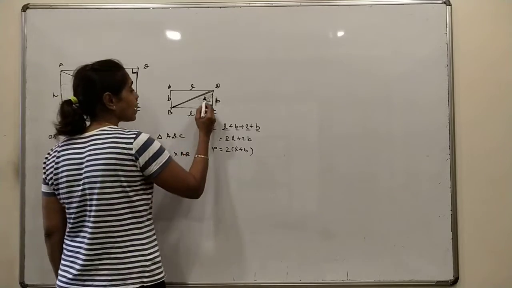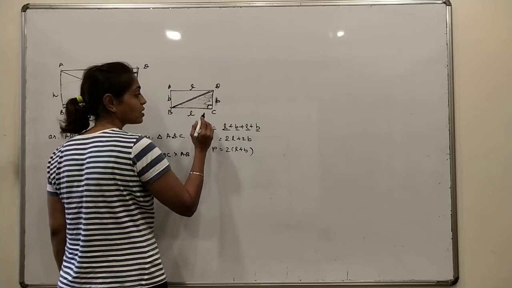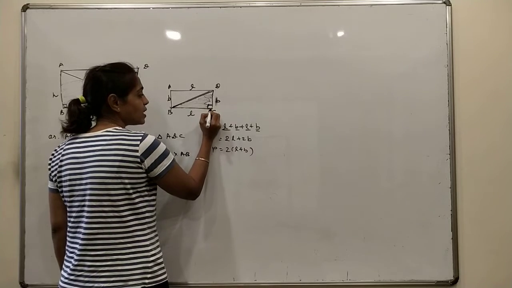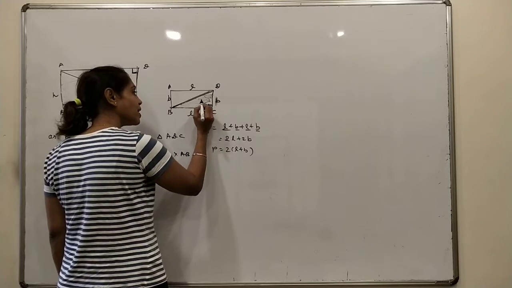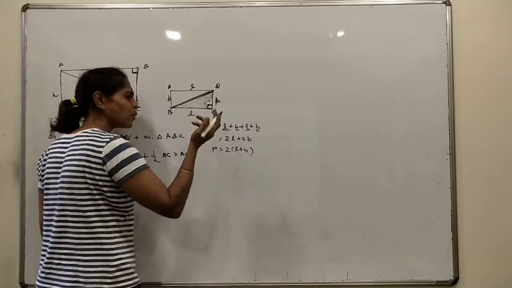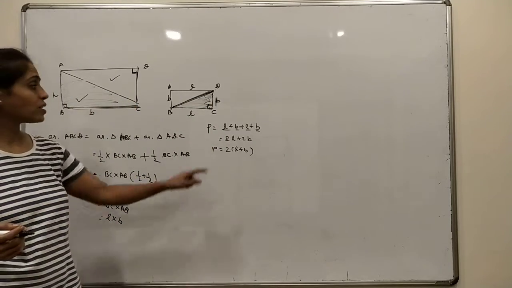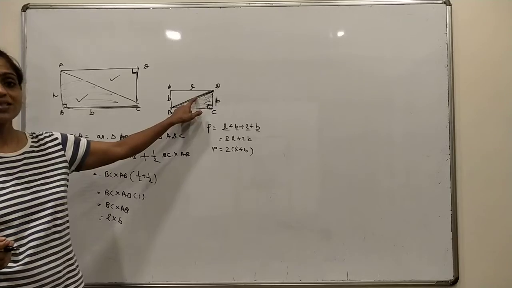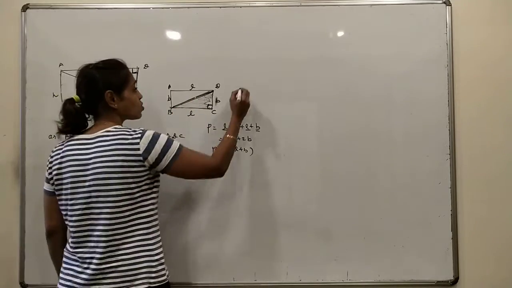Now let's apply Pythagoras theorem in triangle BCD. C is 90 degree. So the side opposite the 90 degree is the diagonal or hypotenuse of the triangle.